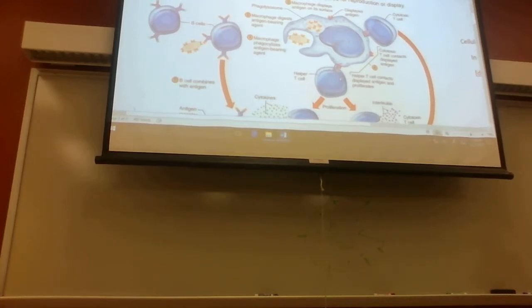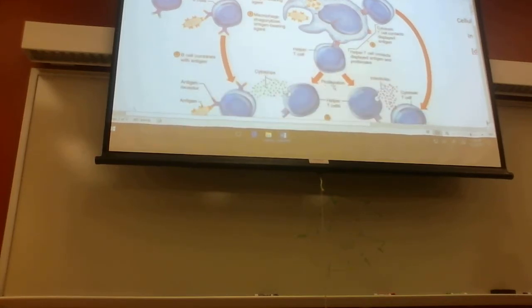A T cell, so step 3 on the left side, a helper T cell detects the antigen. When a helper T cell detects the antigen, it will proliferate into 2 more helper T cells. So see, it'll proliferate, but right now we're just going to focus on this side. This side we're going to forget about for a while.